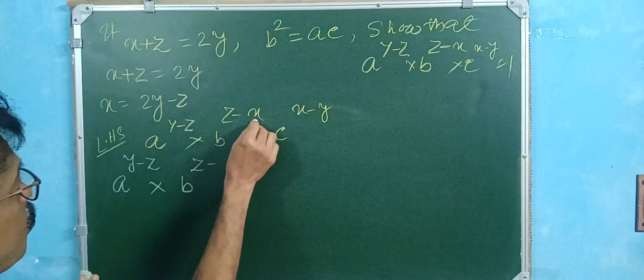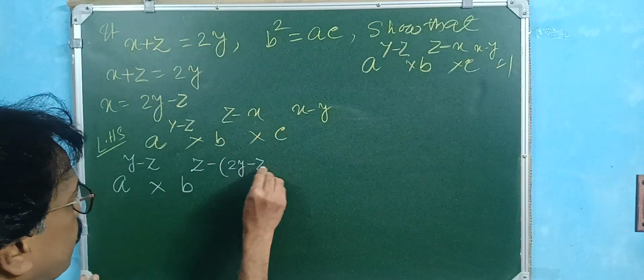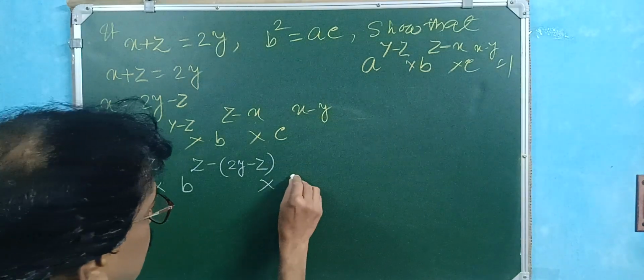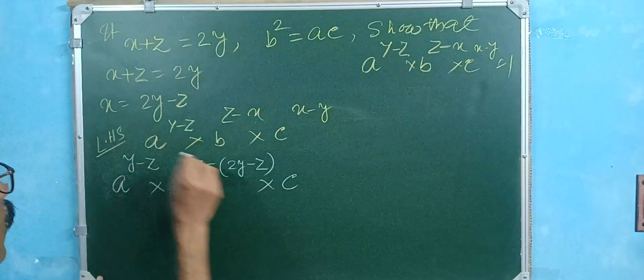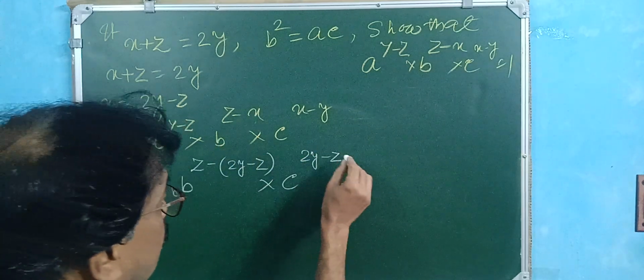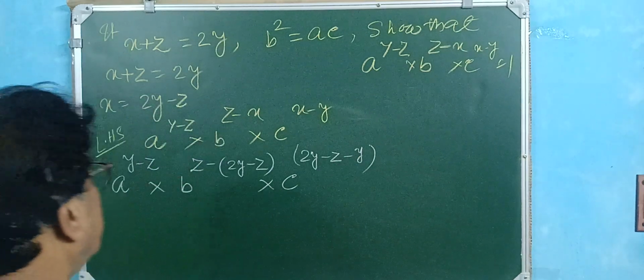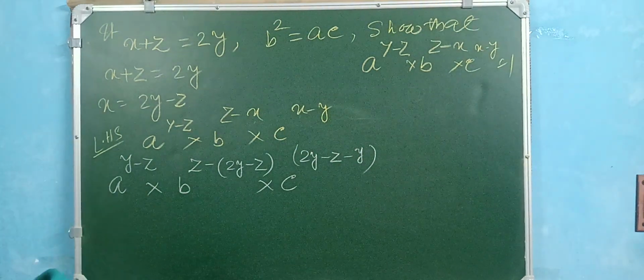Now in place of x you write this, 2y minus z. In place of x you write 2y minus z, and minus y. No problem. Clear?